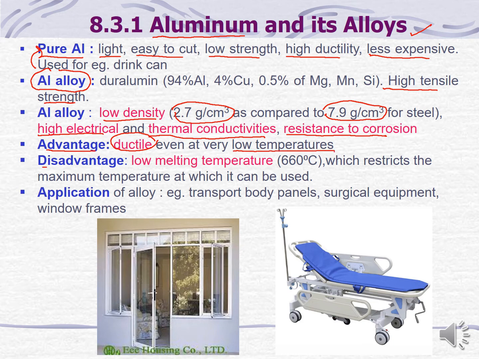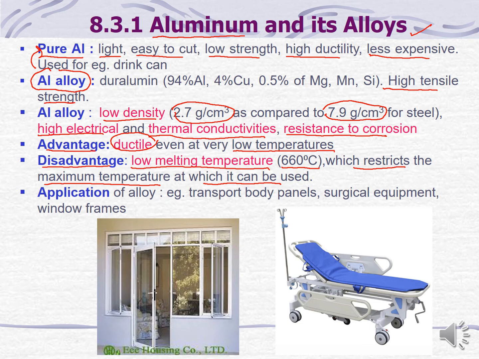For the disadvantage, this alloy has a low melting temperature of 660 degrees C, which restricts the maximum temperature at which it can be used.